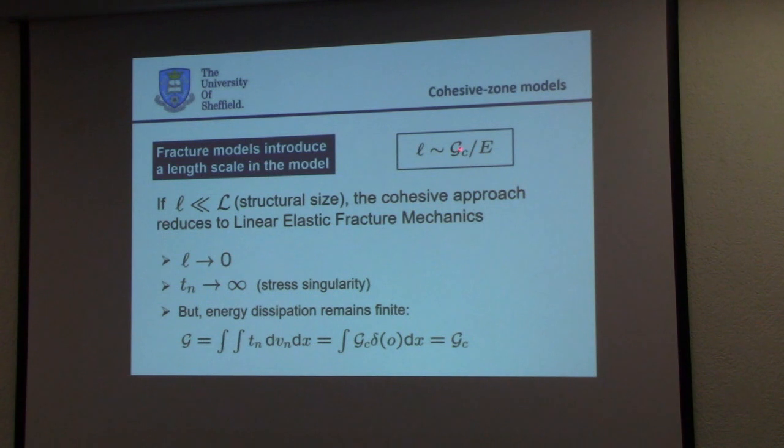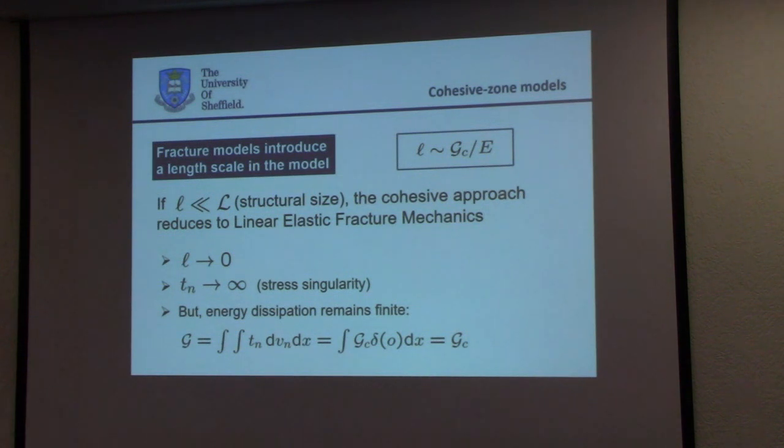So by having an additional material parameter, which divided by Young's modulus gives you a dimension of length, you have in any fracture mechanics model a length scale, and therefore can describe size effects.